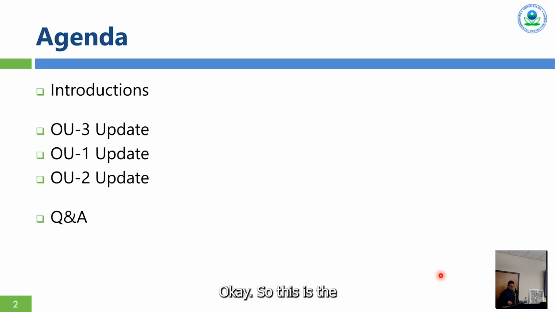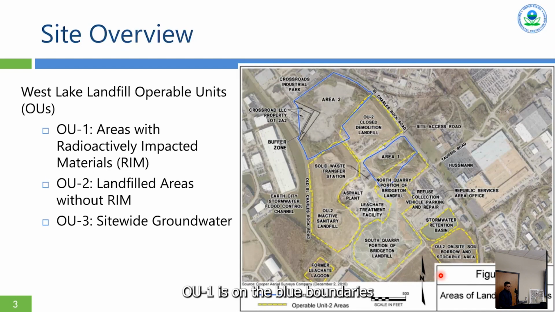Okay, so this is the site. I imagine some of it might be a little difficult to read, but basically I just want to point out OU1 is in the blue boundaries and the yellow represents OU2.